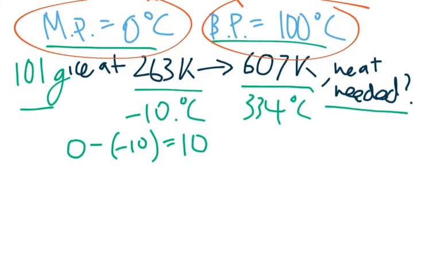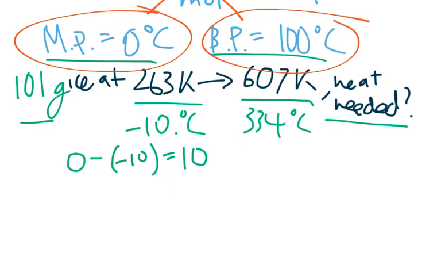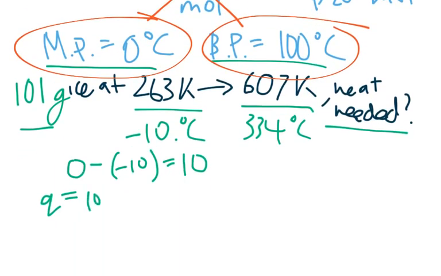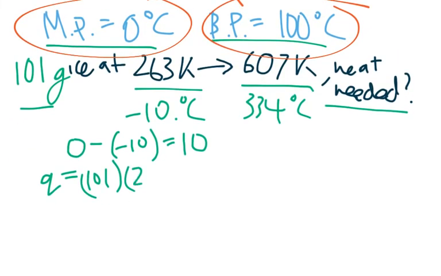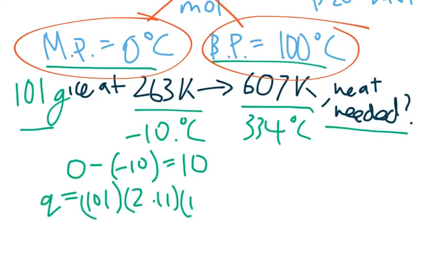So we could use Q equals mcdeltaT to see how much heat the ice absorbed in the form of kinetic energy, since this part of the graph is when the kinetic energy or temperature is increasing. So Q equals M, 101 grams is our M, and our C is going to be 2.11 for ice, and our delta T is going to be 10.